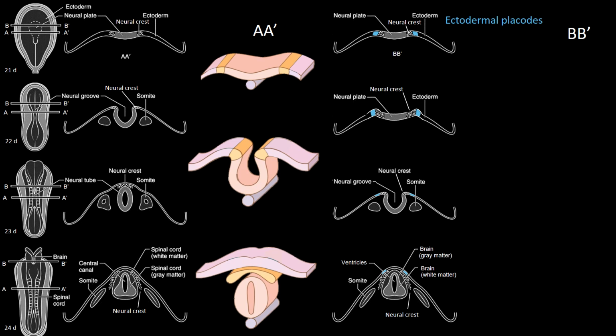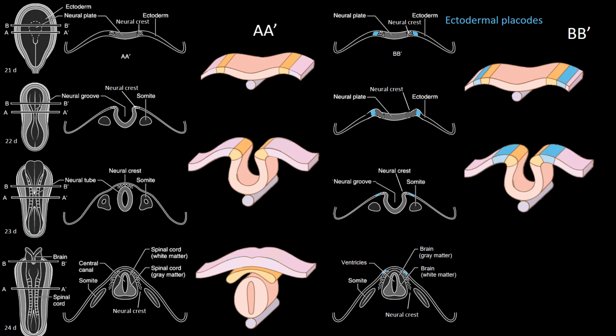Notice the changes undergone by the orange area representing the neural crest. At the rostral level, in a 22-day-old embryo, you can see lateral to the neural crest in orange, the ectodermal placodes in blue.